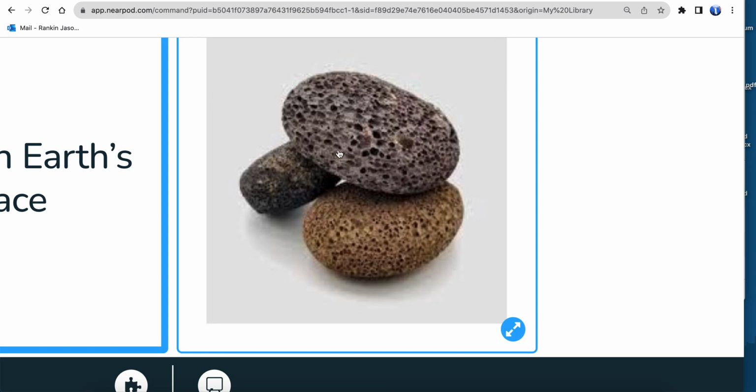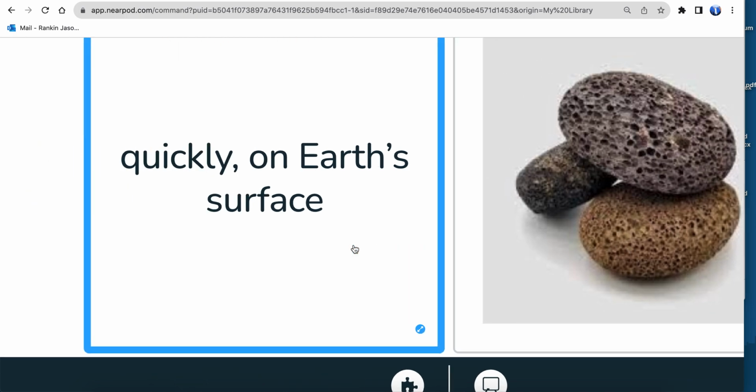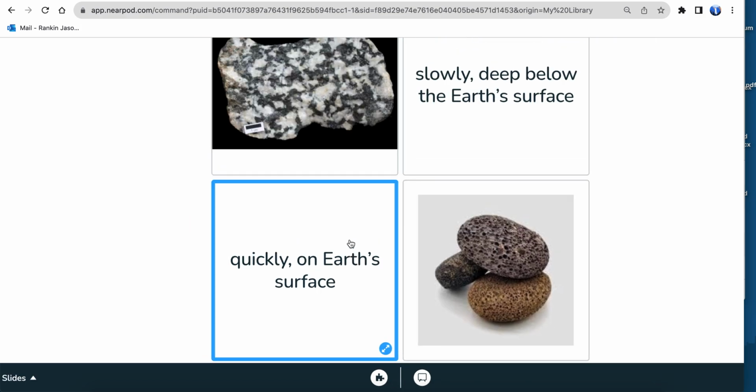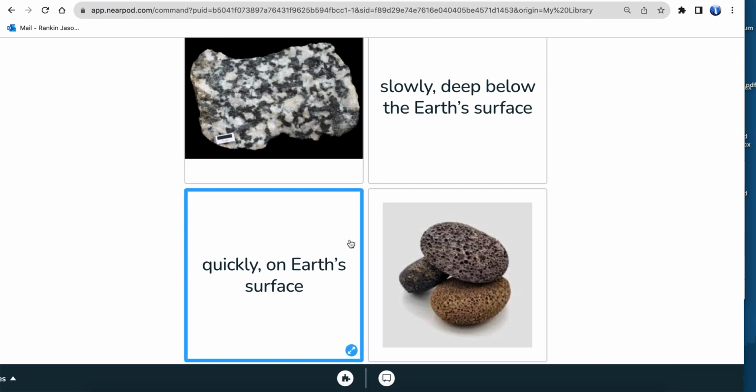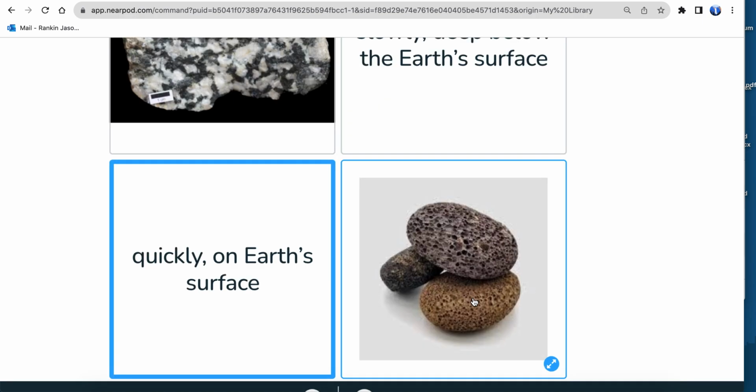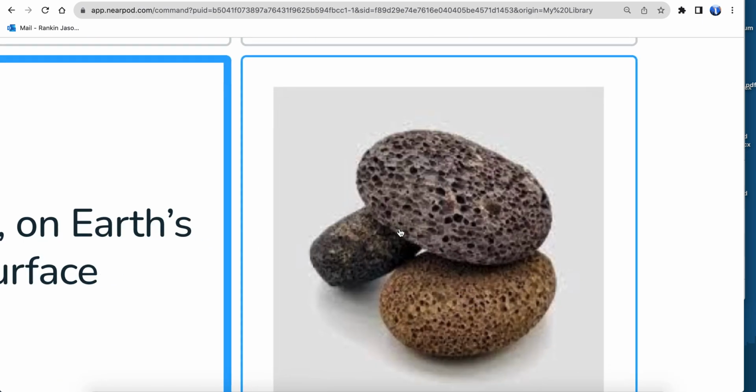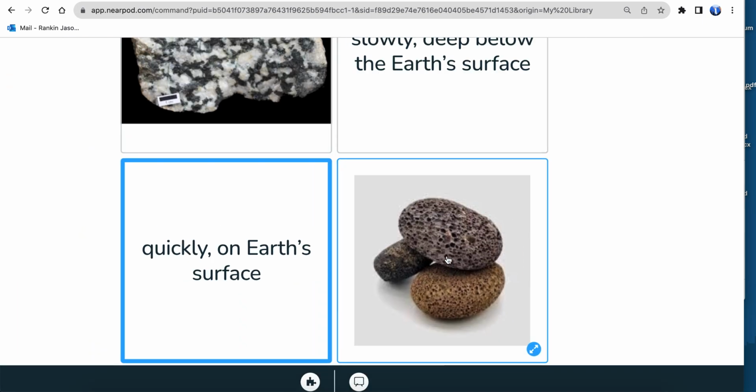But anyway, I see a lot of spacing inside these rock samples. So quickly on the Earth's surface, we're dealing with extrusive igneous rocks, which would be glassy. I don't see any glassy here. Fine. Very hard to see the crystals here, so this can probably be fine.